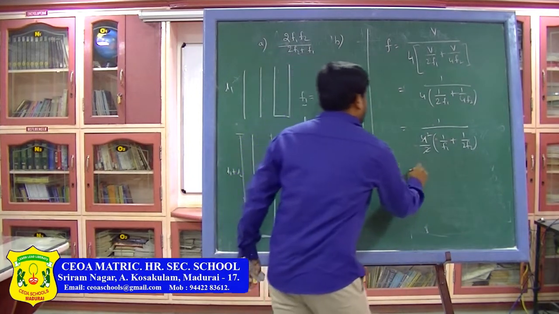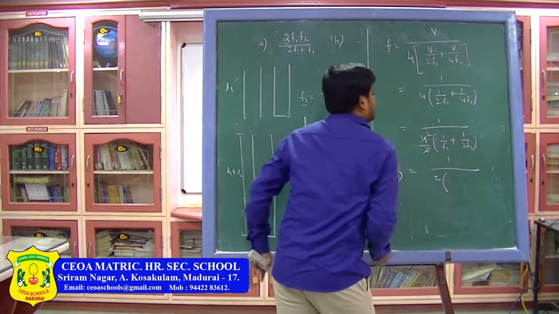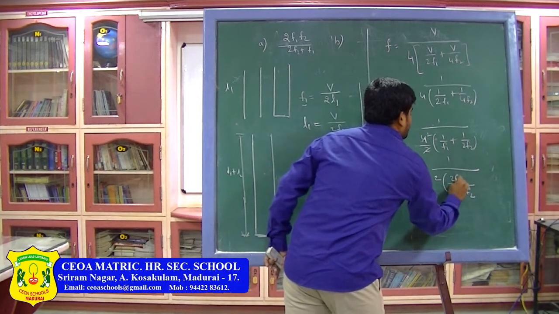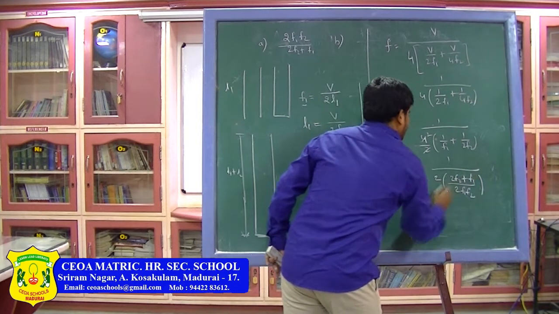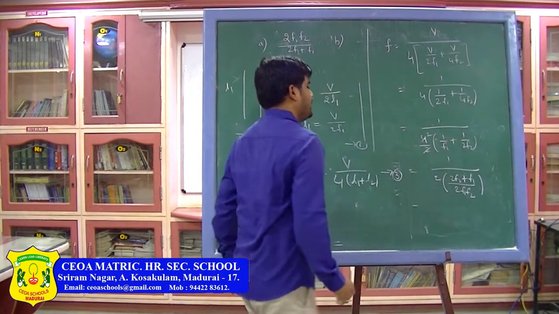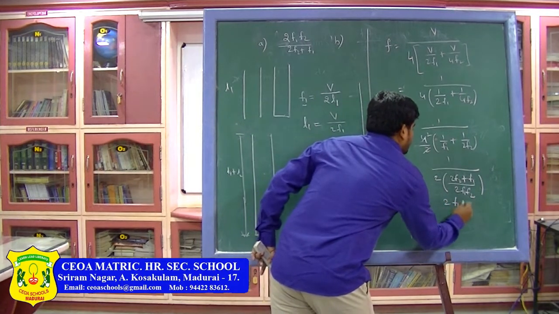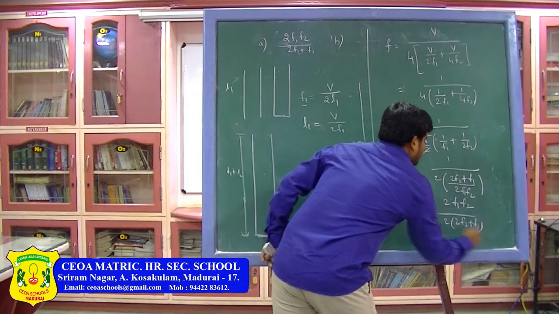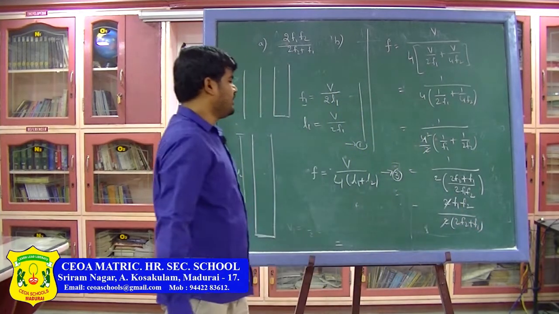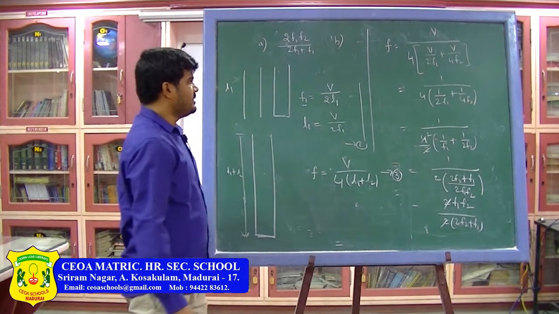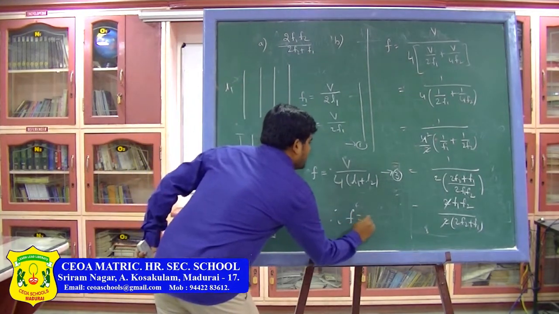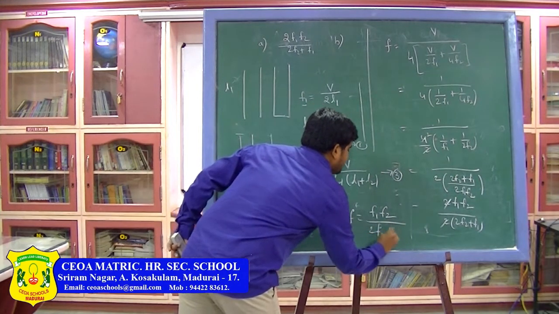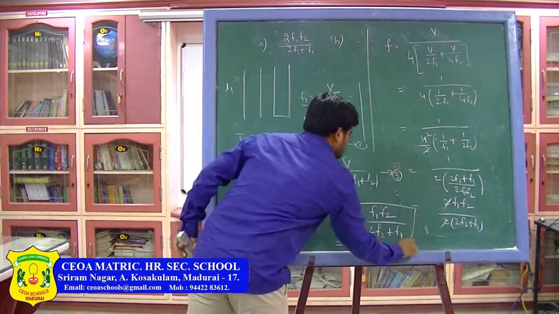Now again taking LCM, 1 by 2 of LCM is 2f1 f2, so here 2f2 plus f1, and then this 2f1 f2 will go to numerator, so it will be 2f1 f2 divided by 2 into 2f2 plus f1, so 2 cancels. Therefore the required frequency f is equal to f1 into f2 divided by 2f2 plus f1. This is the answer to this problem.